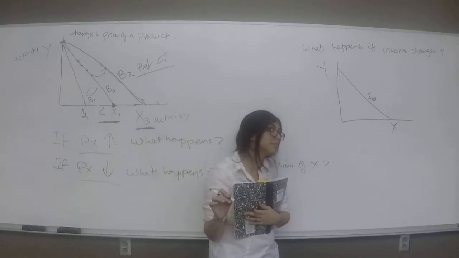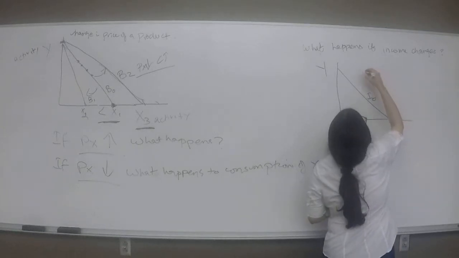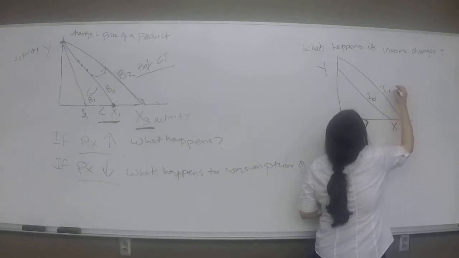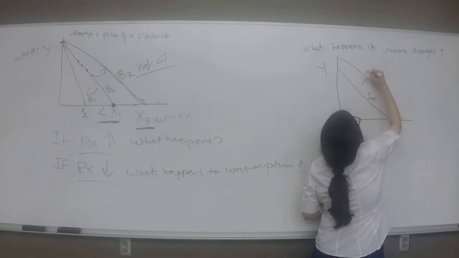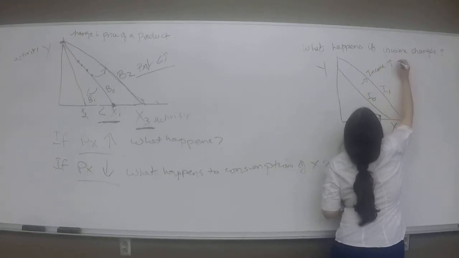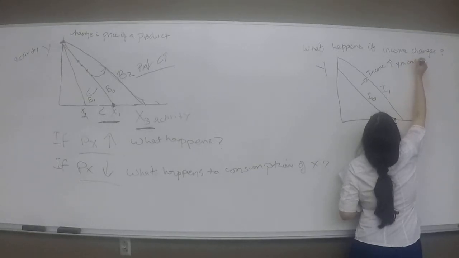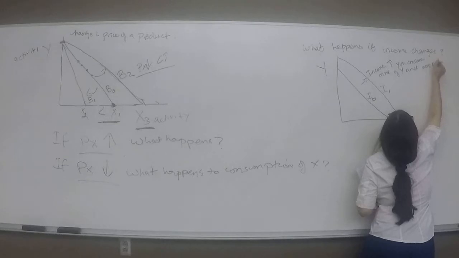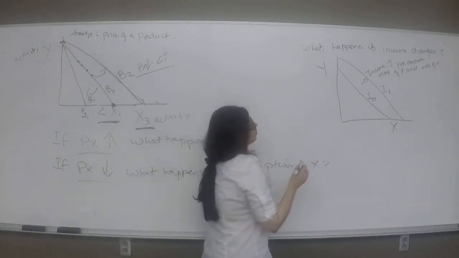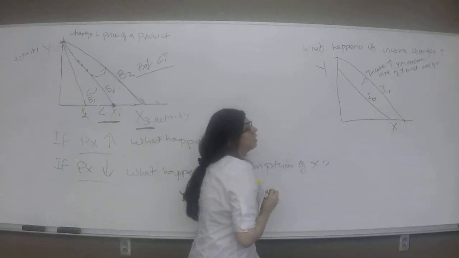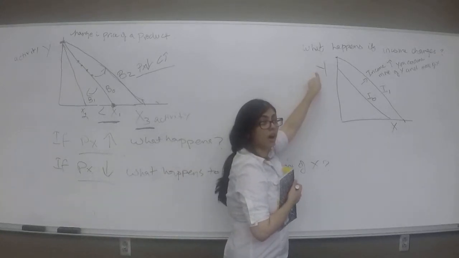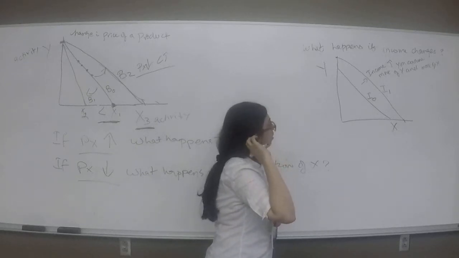When your income increases, you're going to consume more of Y and more of X. So when your income increases, your budget line shifts out, and now you're consuming both more Y and more X. What if your income decreases?